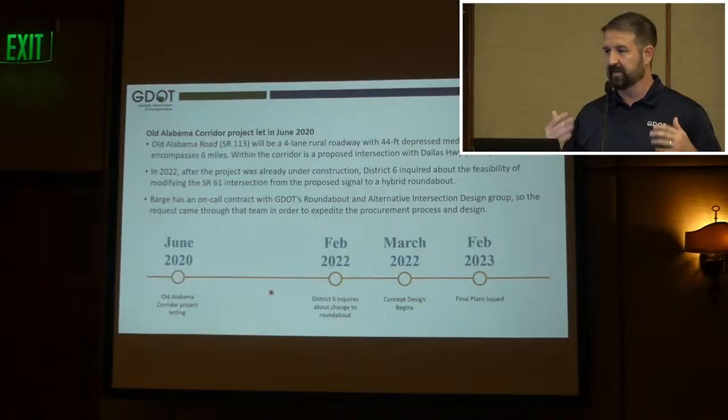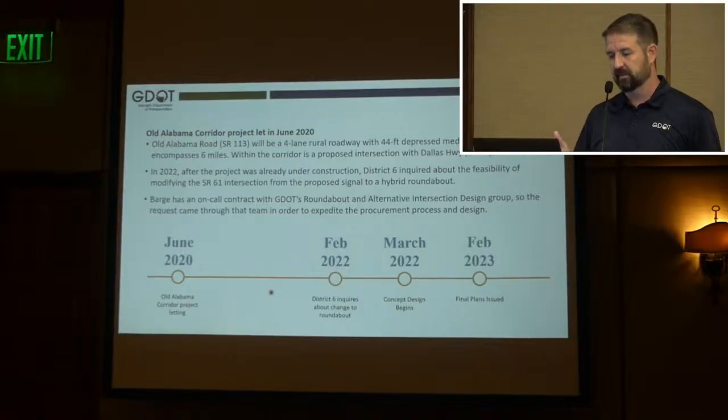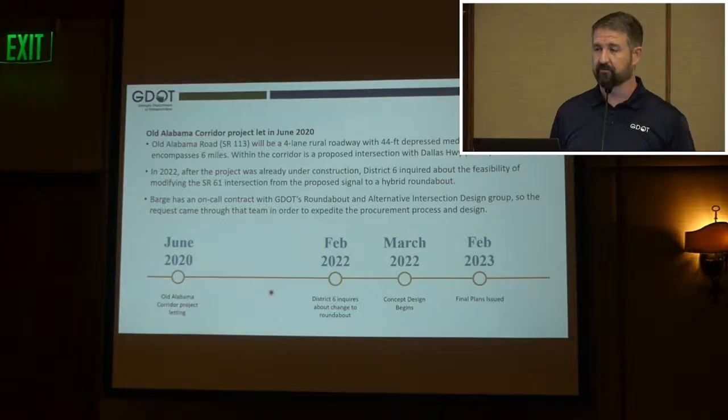Then we come in and throw up a 4-lane divided highway right in the middle of that and create this intersection where everybody's used to just booking it through and not stopping, and they feel like they have the priority. To make matters worse, a lot of times we open up the 4-lane divided and it's not heavily trafficked, so people feel like they can just go in there and keep going.